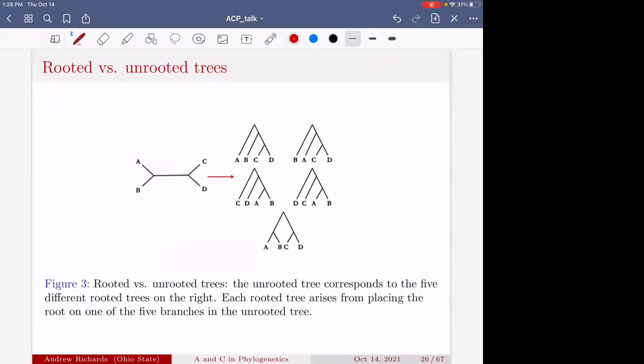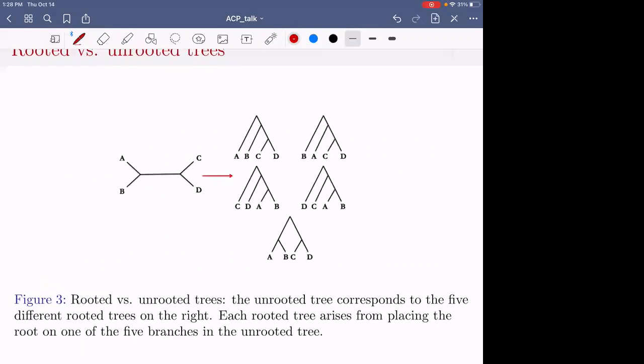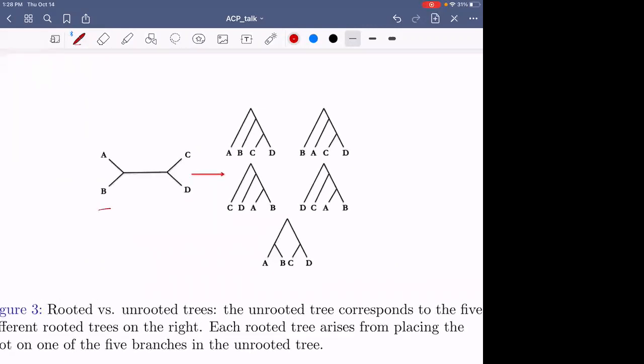So each of these 5 rooted 4 taxon topologies correspond to this unrooted topology. And so let's say if this had a posterior 0.2, this had a posterior 0.1, 0.05, 0.05, 0.05, we would assign a posterior probability to the corresponding unrooted topology of 0.45.